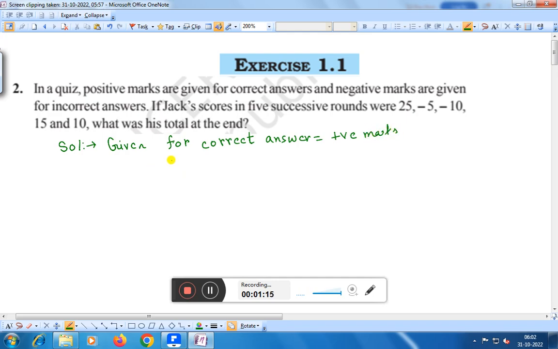For incorrect answers, negative marks are given.